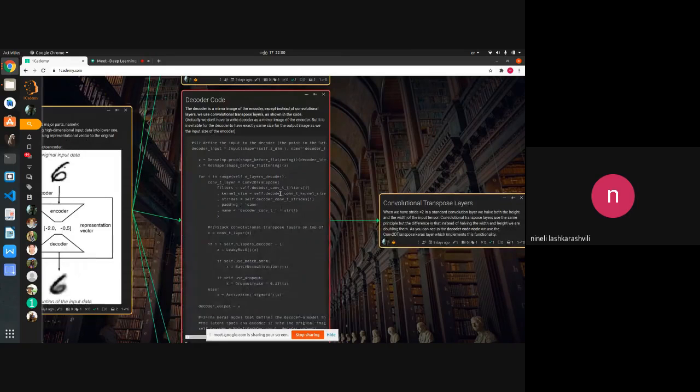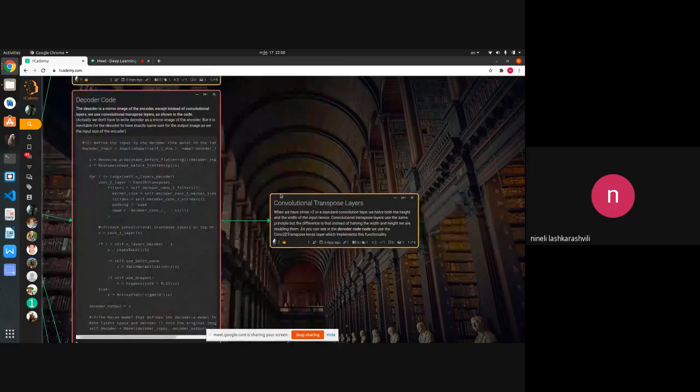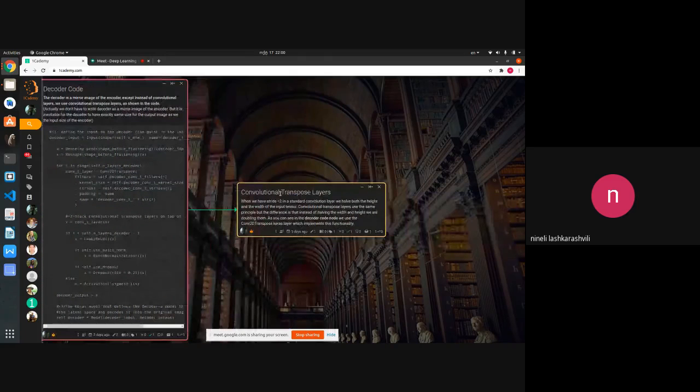And right now I would explain what are these convolutional transpose layers. So in standard convolutional layers, if we have this stride 2, then we halve both the height and the width of the input tensor. And convolutional transpose layers have a kind of similar functionality, but we are doing something which is vice versa.